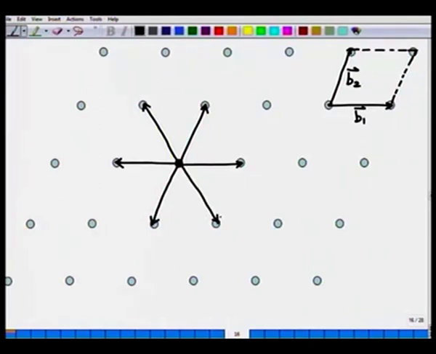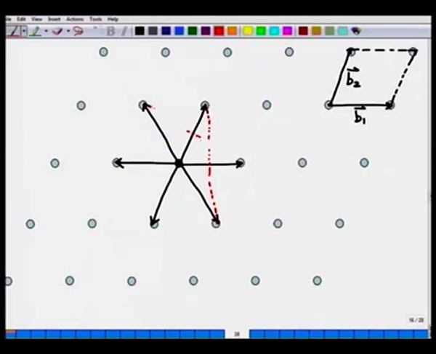Now, if I draw perpendicular lines to them, I will use a different color for the perpendicular bisectors. Here is a perpendicular bisector for this particular vector. For this particular vector, there is a perpendicular bisector going somewhere like this.